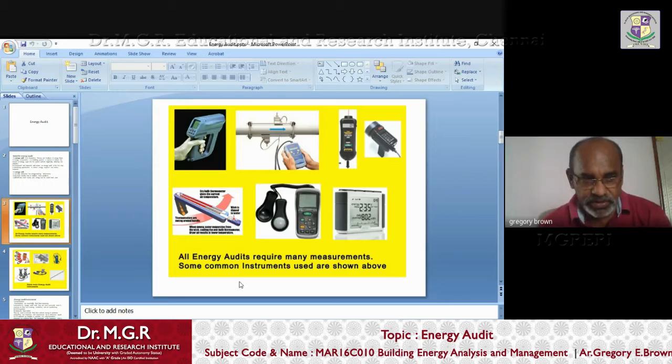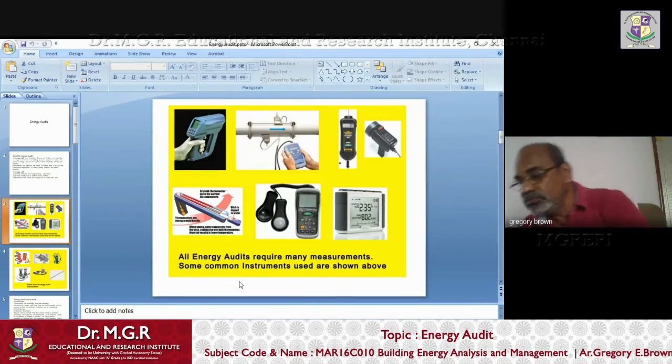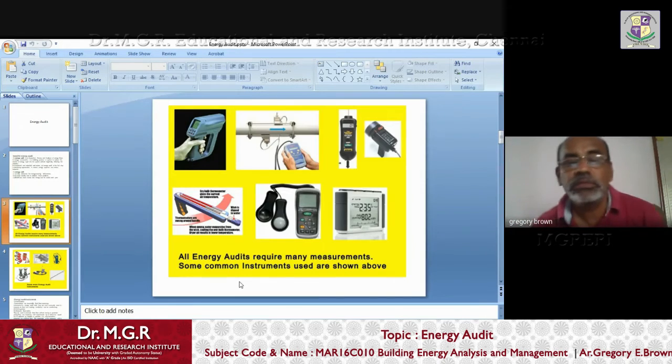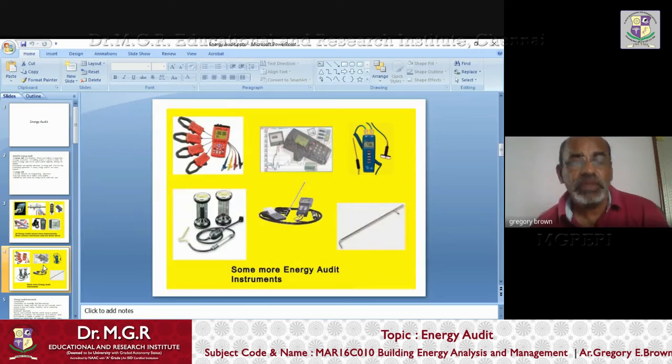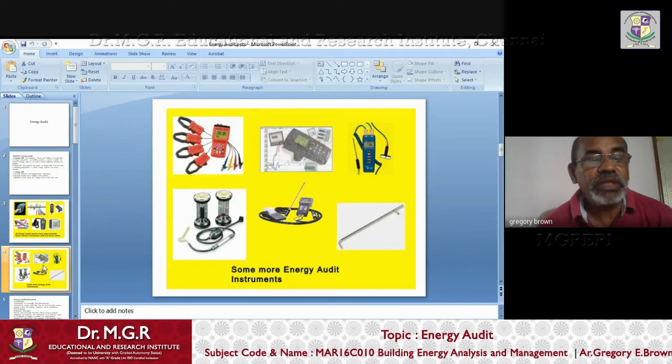So we'll show you another. Yeah, this is some more energy audit instruments. Now, to name these instruments, we'll look at the next slide.